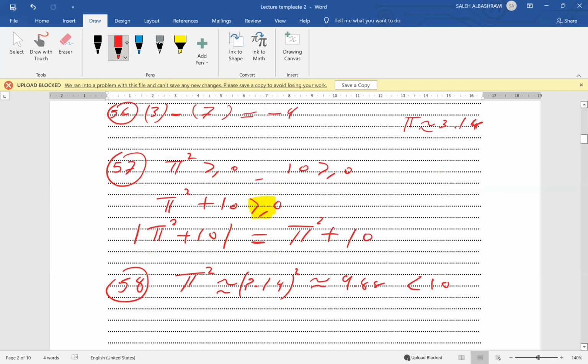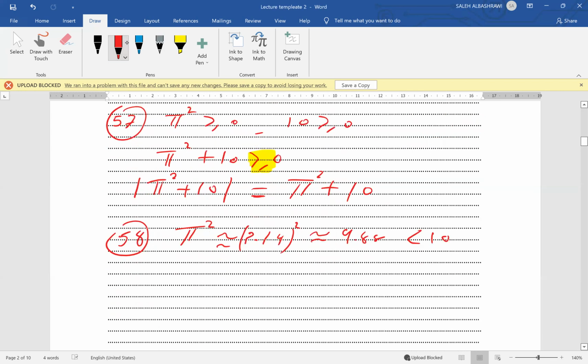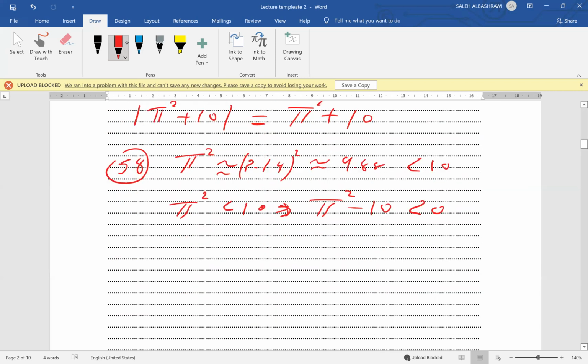So pi square minus 10. If I just move it to the other side, I can say pi square is less than 10, which means pi square minus 10 is less than 0. Since it is less than 0, it is a negative number.